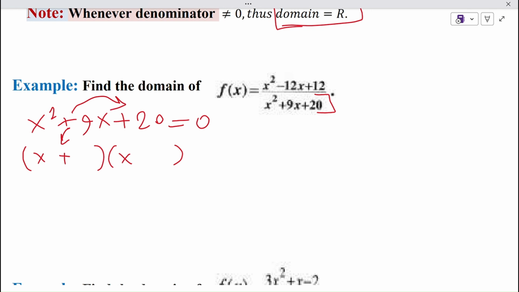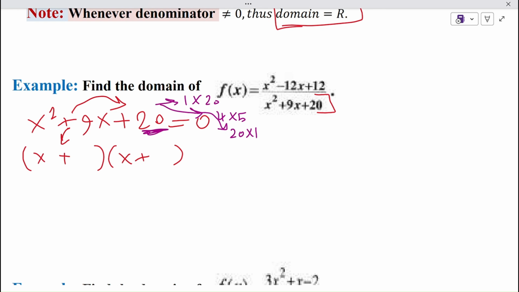Then here we have 20. How many numbers multiplied by each other equal 20? 1 times 20, then 4 times 5, and 20 times 1. Okay, and 2 times 10.